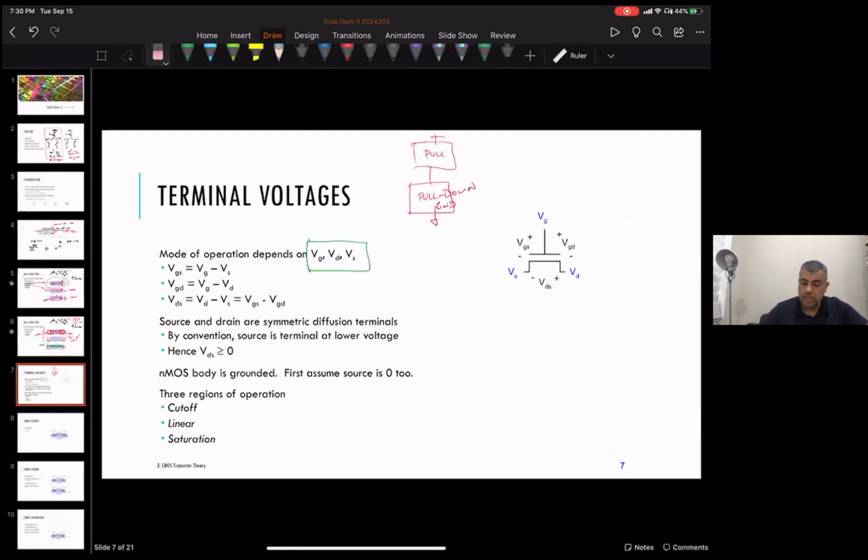So I'm trying to give you a visual for why we're looking at VGS, but never just look at the gate. Always look at the gate source or gate drain voltage, and you'll see why that's the case in a second.